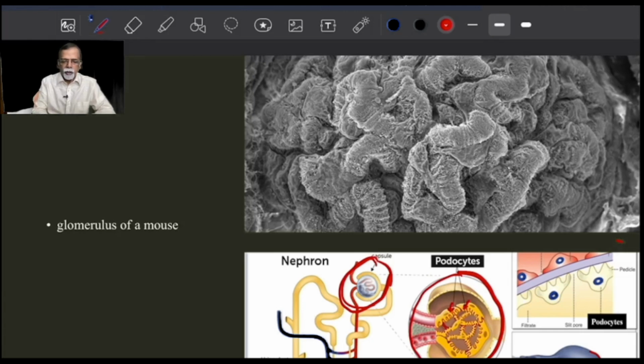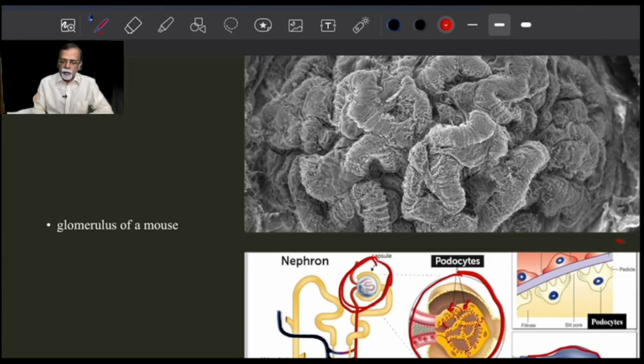So this is a little more enlarged view. Here you can see that these are the podocytes with the foot processes which are wrapping all around the capillaries. Hope this point is clear to you.